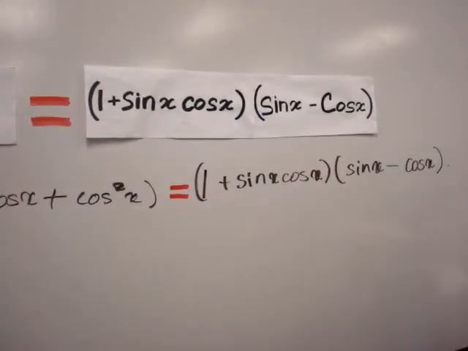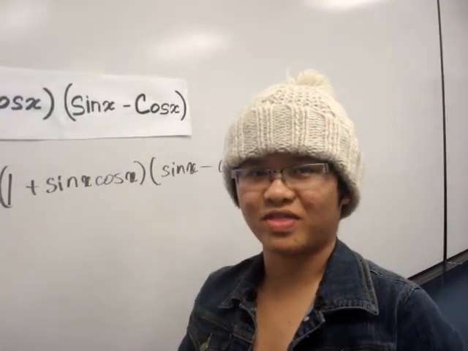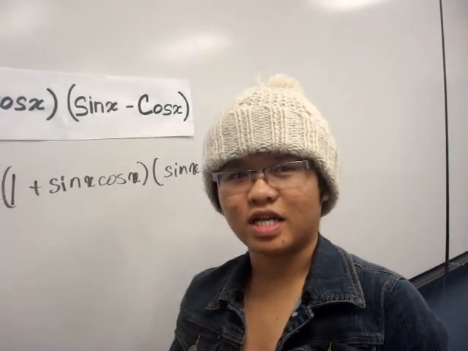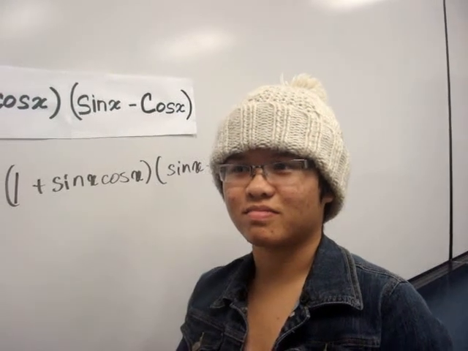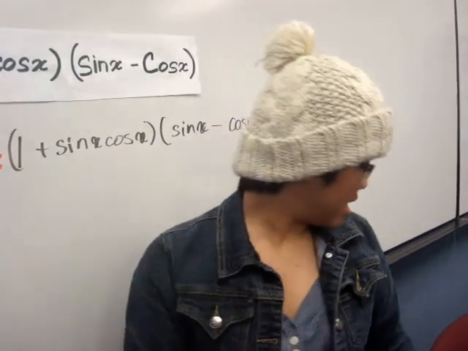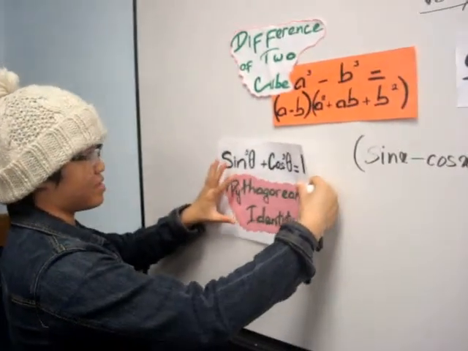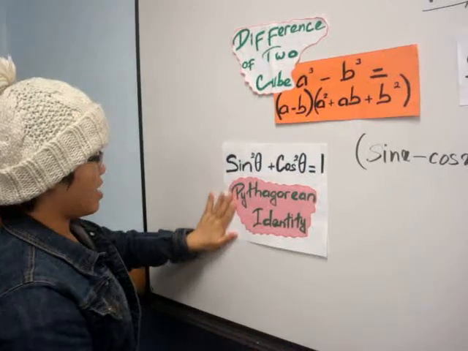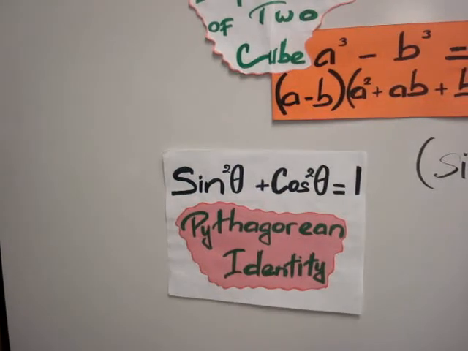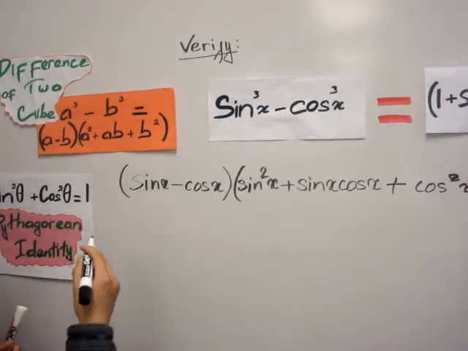And we know that in trigonometry we have the Pythagorean identities: sine squared theta plus cosine squared theta equals 1. And we're going to put it into the problem.